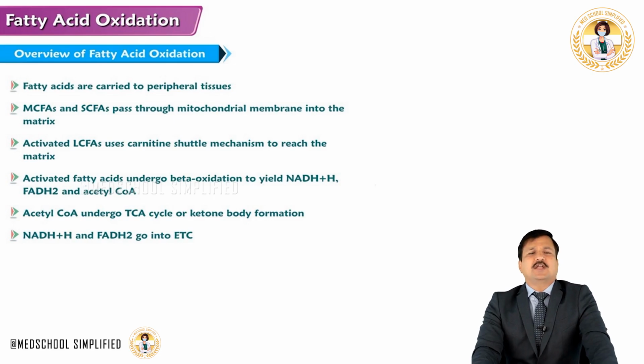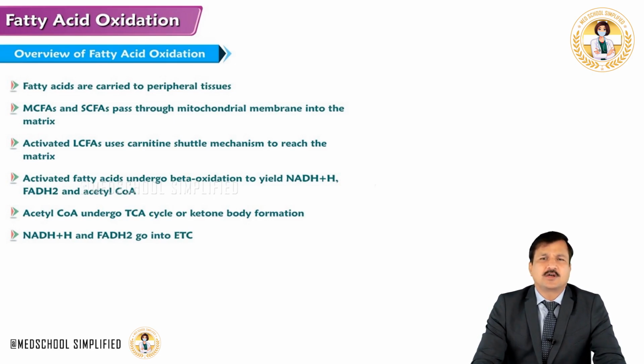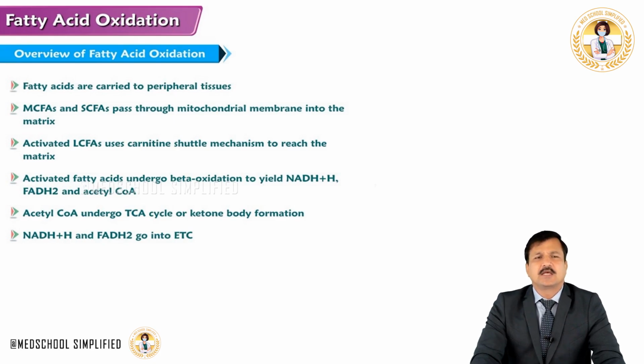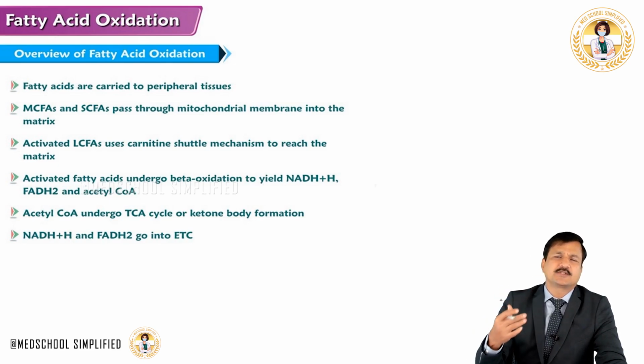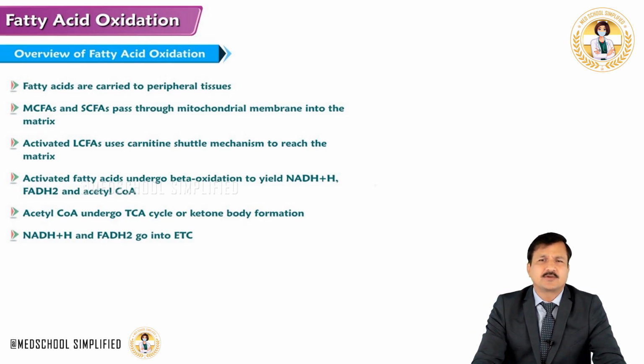Now the activated fatty acids, whether they are long chain, medium chain or short chain, will undergo beta oxidation. Note that beta oxidation is for even number carbon, saturated fatty acids, whereas if the fatty acid has unsaturation, that unsaturation has to be converted back into saturated form before they undergo beta oxidation.